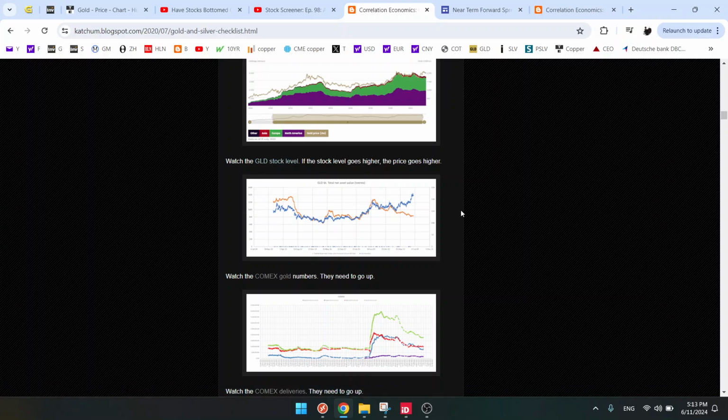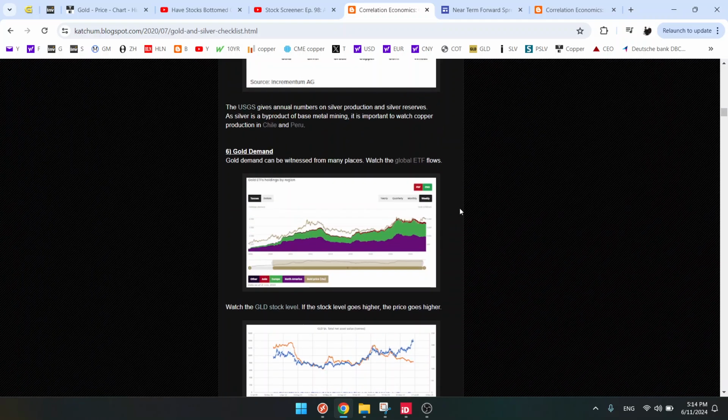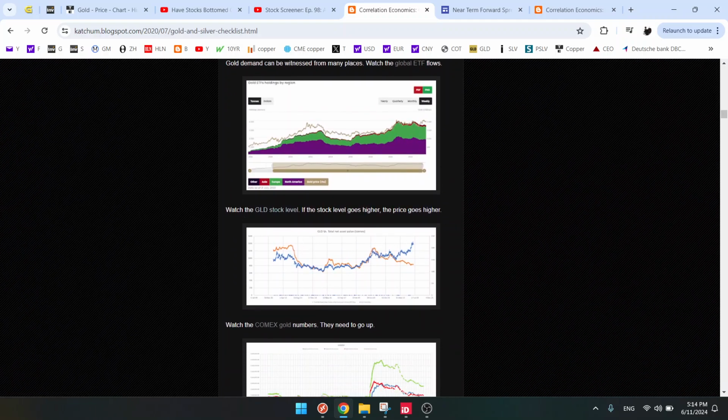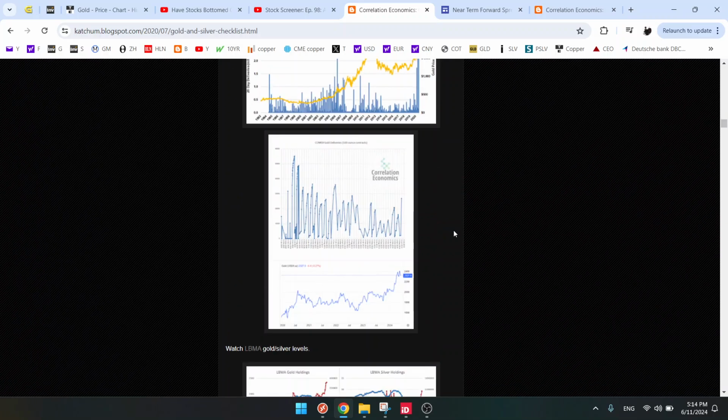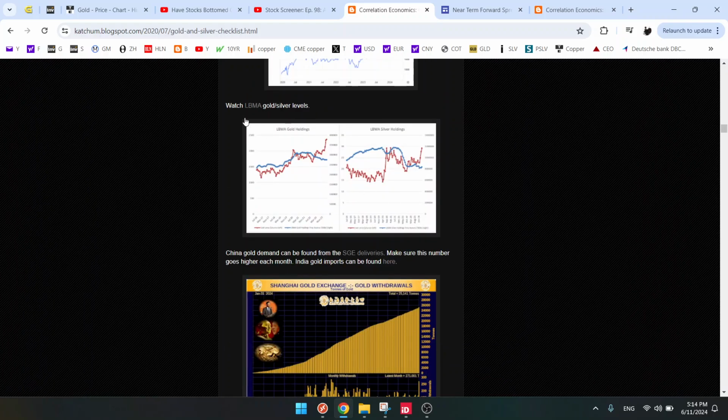And all of these parameters will have an effect on the gold price. Okay, central bank buying can affect it. GLD ETF buying can affect it. Everything can affect it. LBMA, this is a pretty big part of demand.